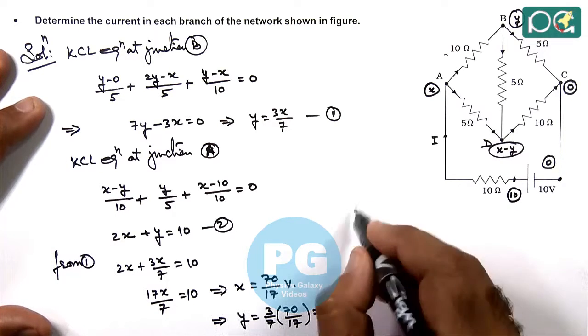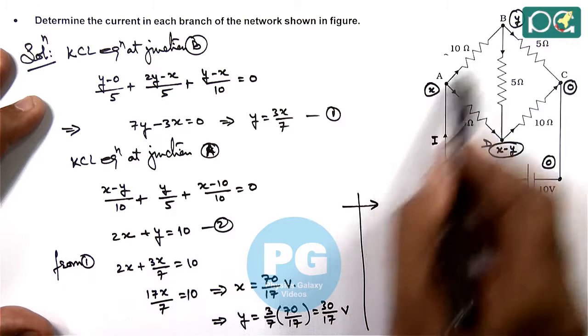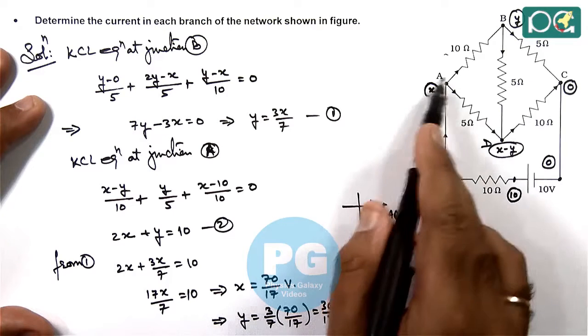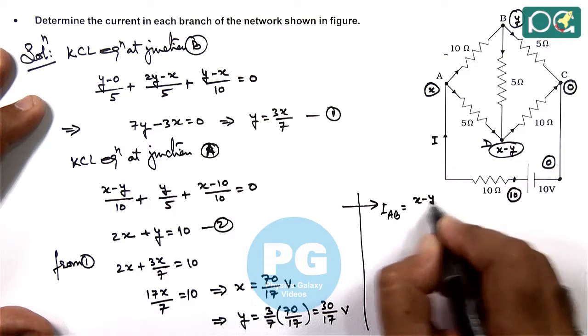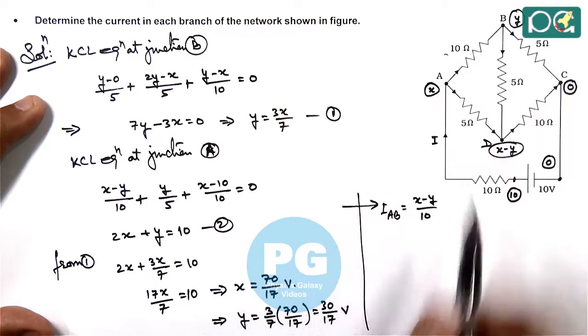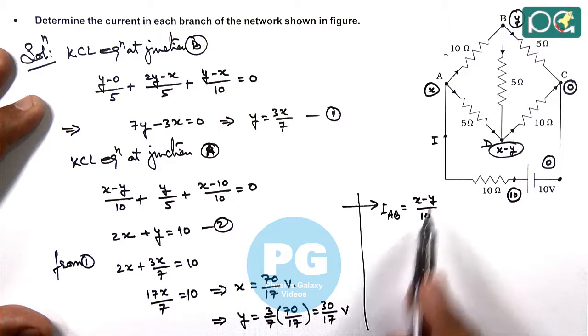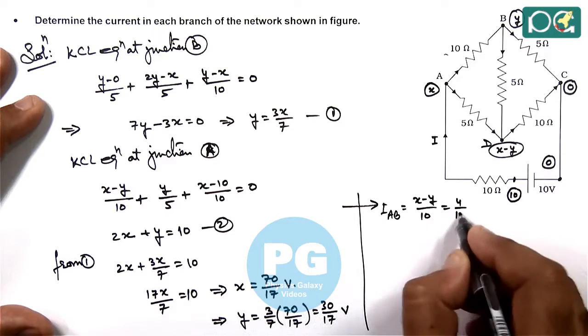Now let's calculate the current in all the branches. First, the current in branch AB. In branch AB the current is (X minus Y) by 10, by Ohm's law. X is 70 by 17, Y is 30 by 17, so 70 minus 30 is 40 by 17, divided by 10, so it's 4 by 17 ampere.